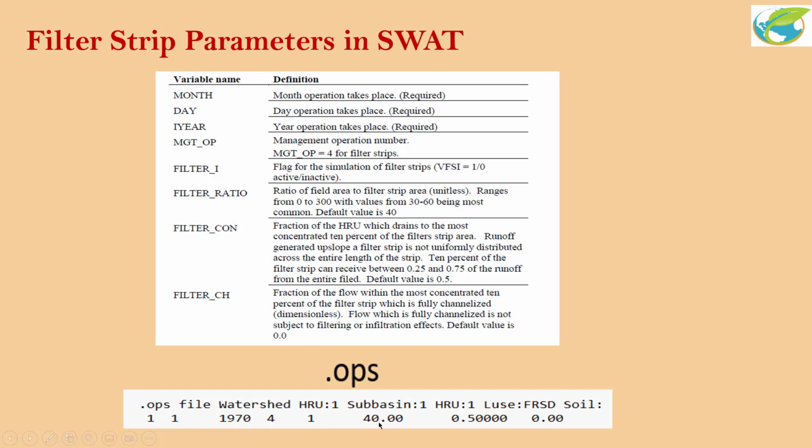And then you have 3 other parameters, and these are mostly, they define the structure and the topography and the geometry of the watershed, I think. So I didn't find them to be parameters for calibration. So in this example, I used the default values that are given by SWAT, which is 40 for this parameter, 0.5 for the second parameter, and 0 for the third parameter.